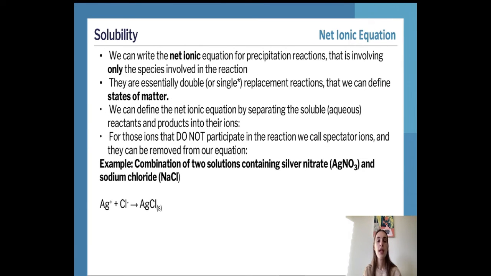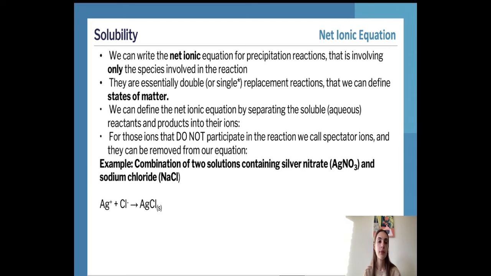Next up, we want to consider the net ionic equations. So we can write net ionic equations for solubility reactions, and that's involving only the species that are involved in forming the precipitate. So they're essentially double or single displacement reactions in which we're defining the states of matter and the way in which they change.